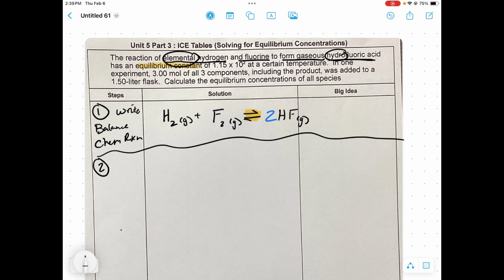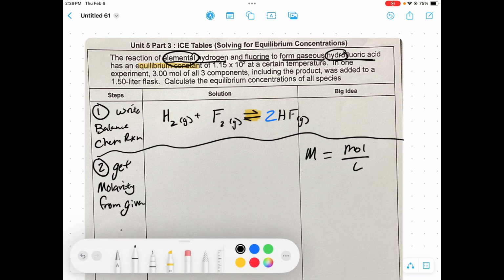Step 2, just like for the first type of ICE table questions, is to get molarity from my given values. I know molarity is moles over liters.